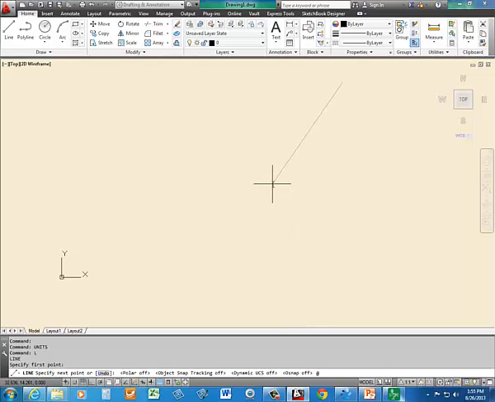So 187.57, no foot mark, okay, no foot mark. Then the less than symbol, the angle symbol for your angle, and then south 43 degrees, 33 minutes, that's the apostrophe sign, 49 seconds, that's the quote mark.